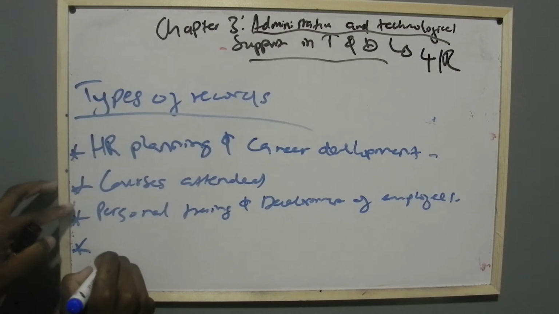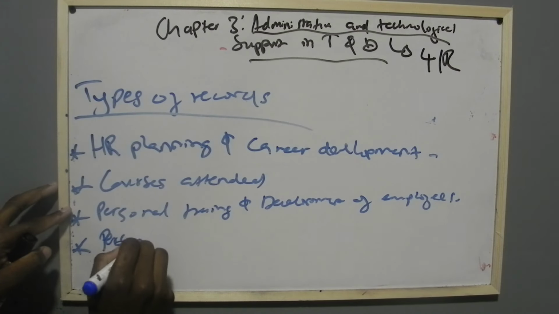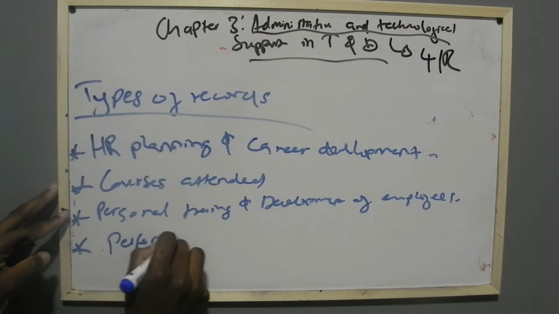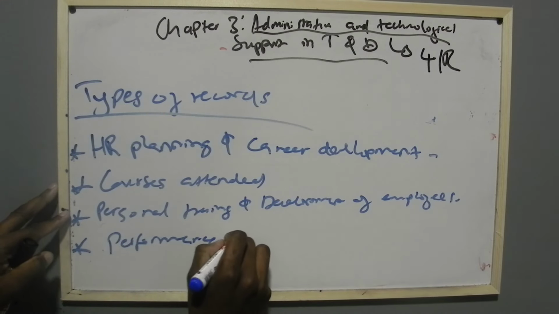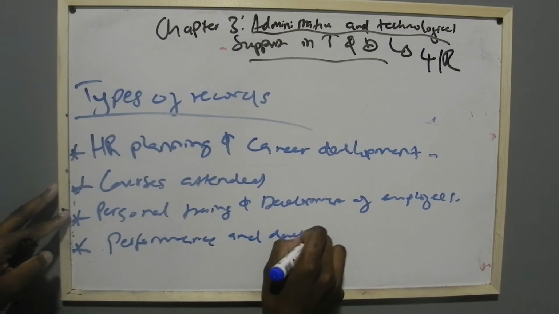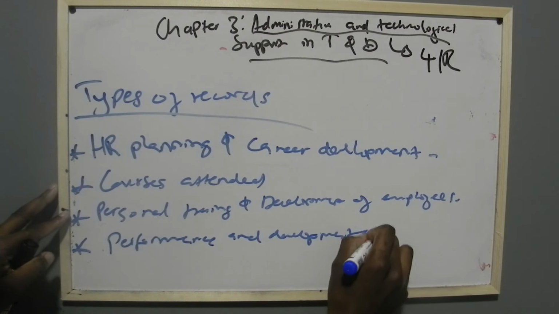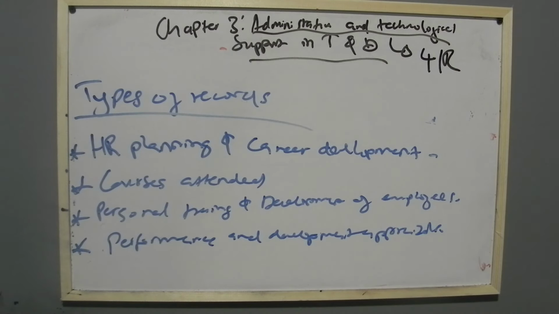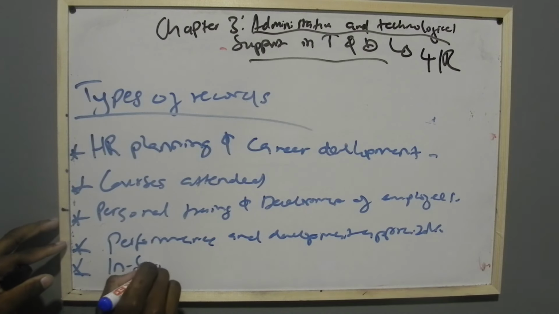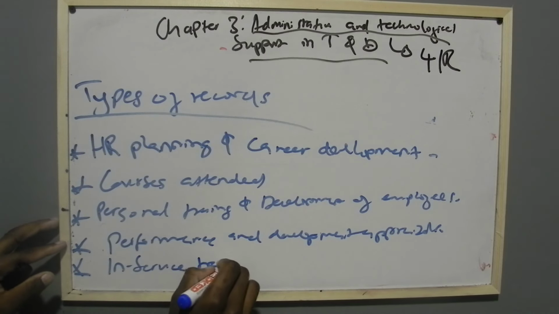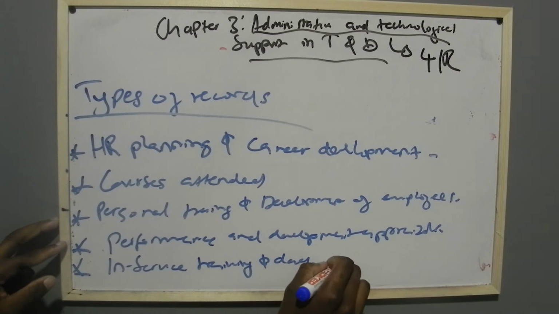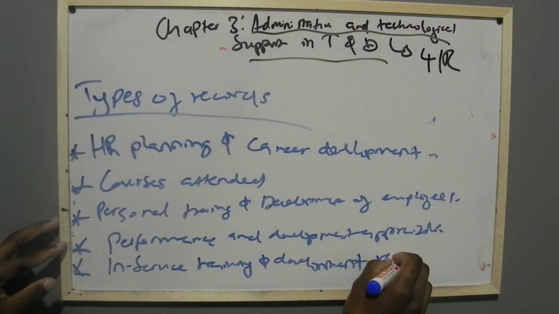Number 5, it can be performance and development appraisals. It can be the in-service training and development records.